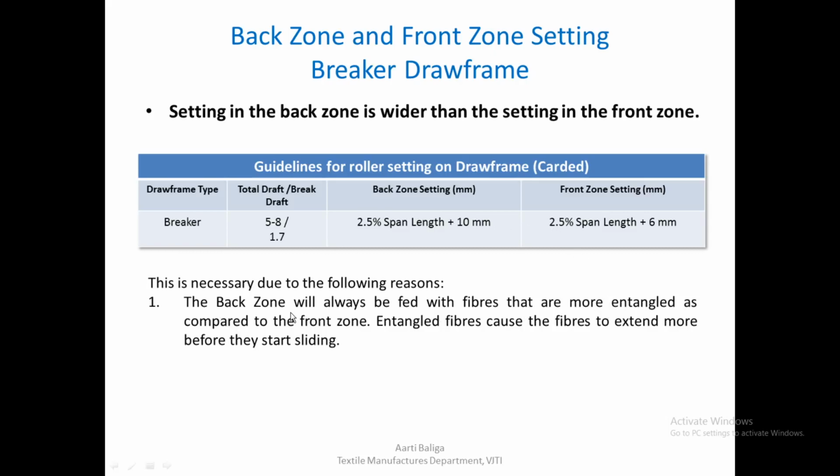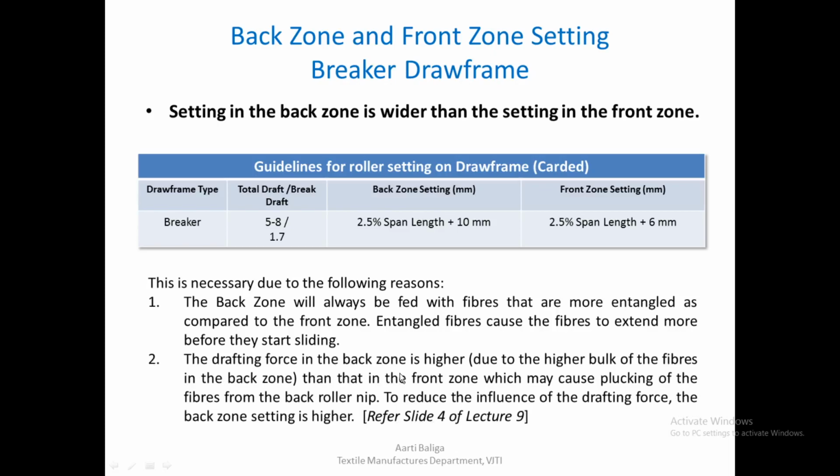If it's a breaker, you will be feeding the card sliver and it will be highly entangled. So the back zone setting has to be wider as compared to the front one, because entangled fibers cause the fibers to extend more before they start sliding. So it's more difficult to make the fibers slide past each other, and for this particular reason we need to keep a wider back roller setting.